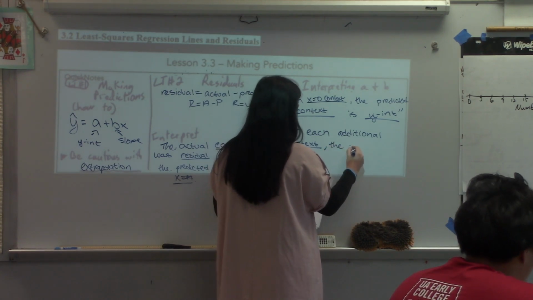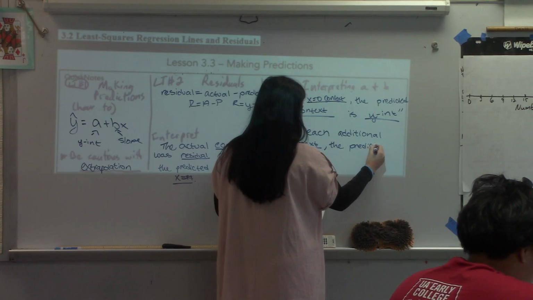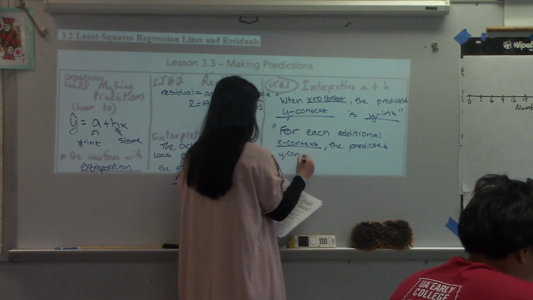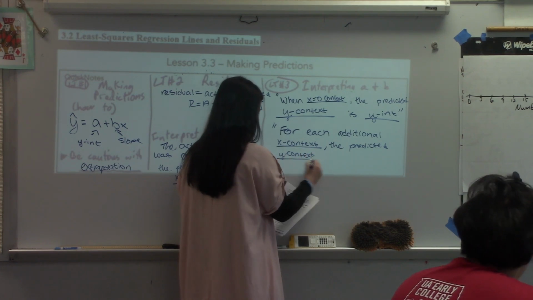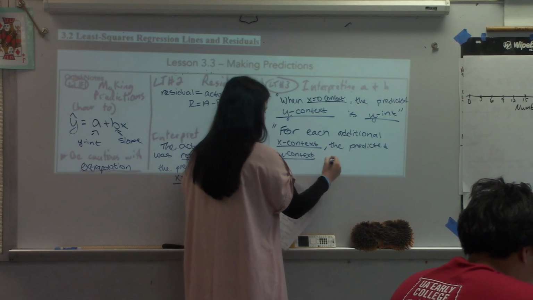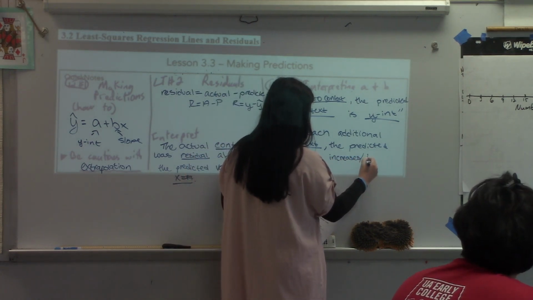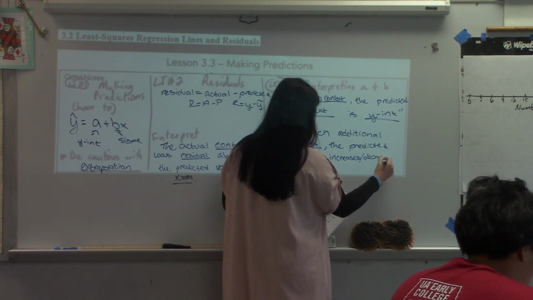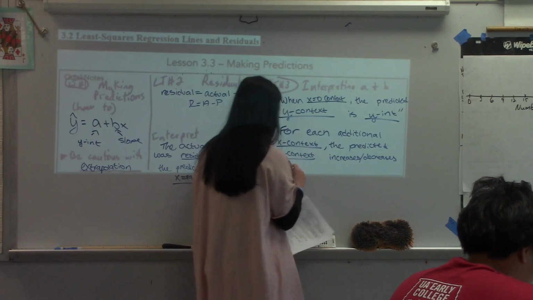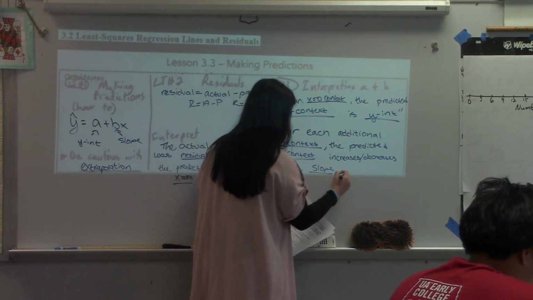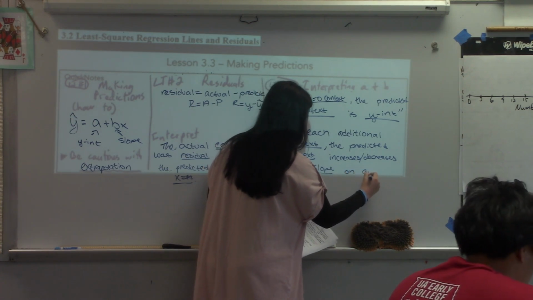For instance, if we looked at the candy grab activity again, for each 1 centimeter, the number of candies grabbed is predicted to increase this much. So it's for each additional, whatever the x context is. You can reinterpret it a slightly different way as long as it maintains that idea.